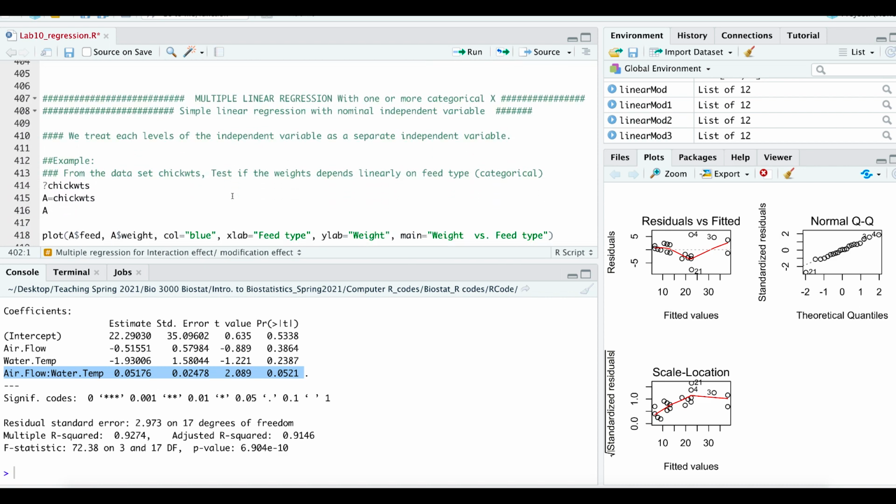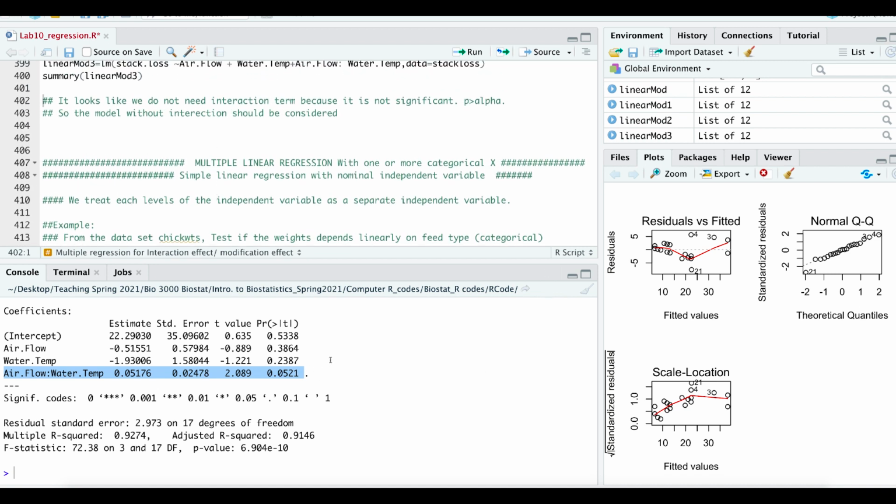Okay guys, the next thing that I want to do is this. We just saw an example where all the independent variables in the multiple regression analysis are numerical. But if some of the independent variables are numbers and some are categorical, where categorical may be nominal or ordinal data, in that case we still use a very similar technique.